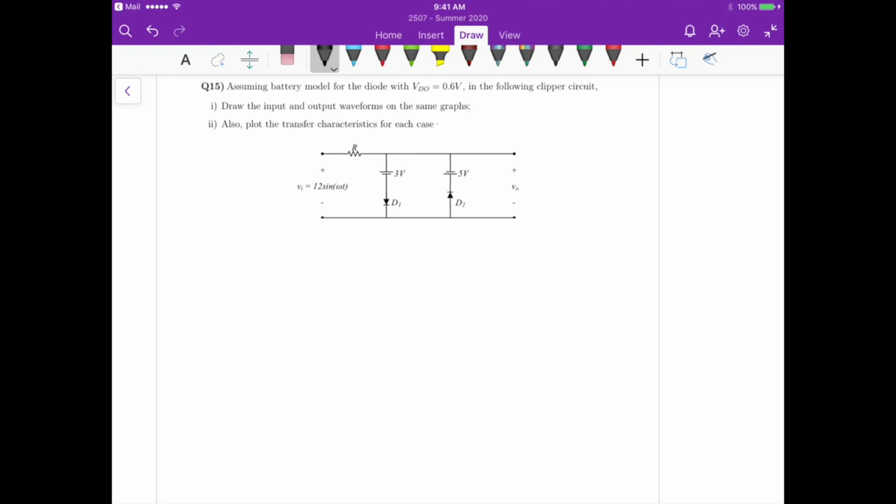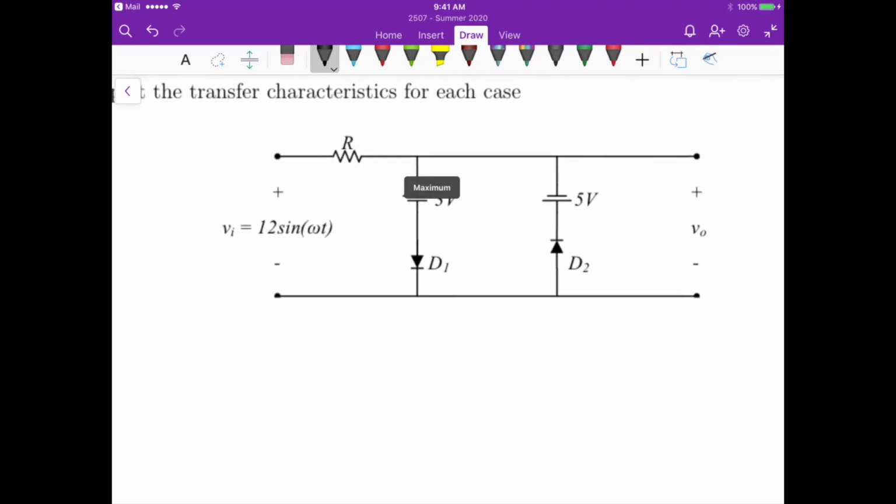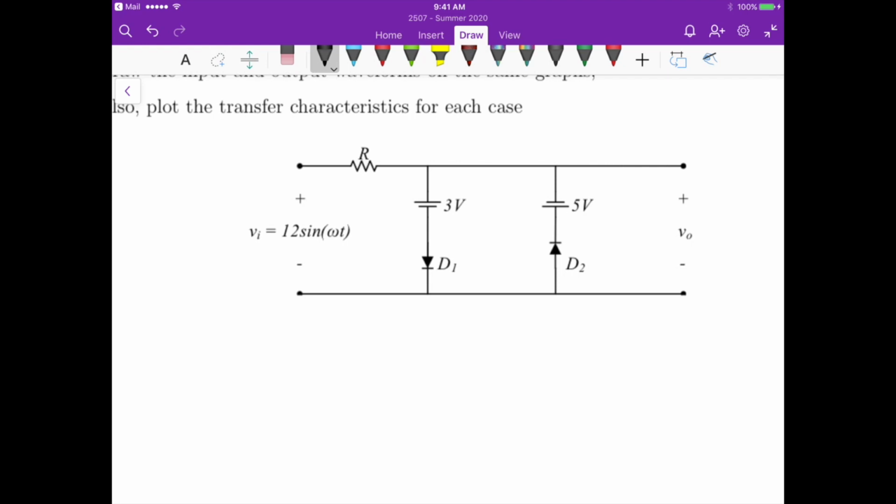So first we have to perform the circuit analysis, right? Let me zoom in a little bit. First, we know that we have a battery model for the diodes, so they would have a battery here, and another battery down here.